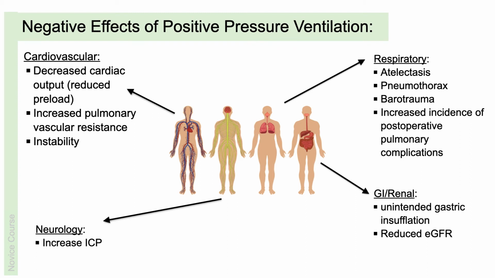For example, it can reduce the perfusion of the kidneys and thus eGFR can fall. There are many other effects of positive pressure ventilation, and we'll post some further reading in the reference slide. One of these being impaired lymphatic drainage due to, again, the increased intrathoracic pressure.